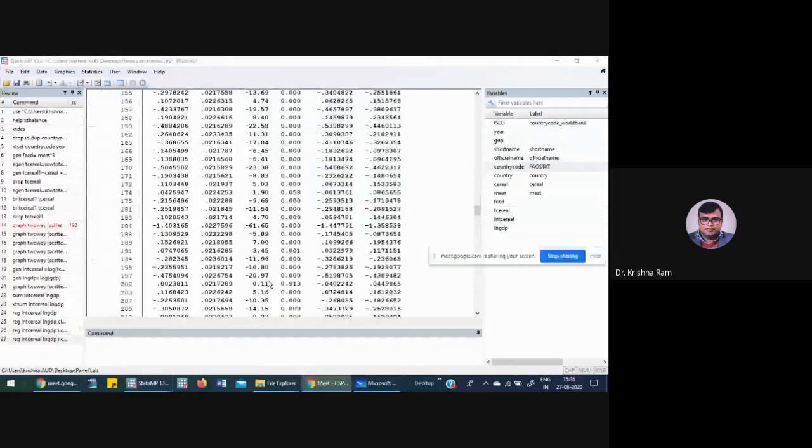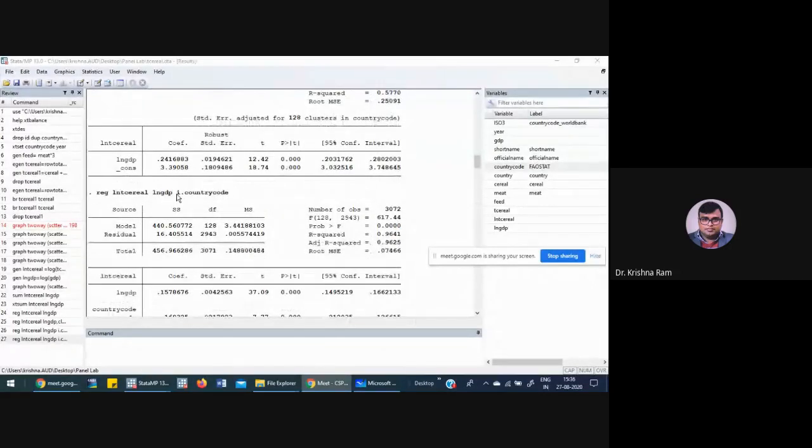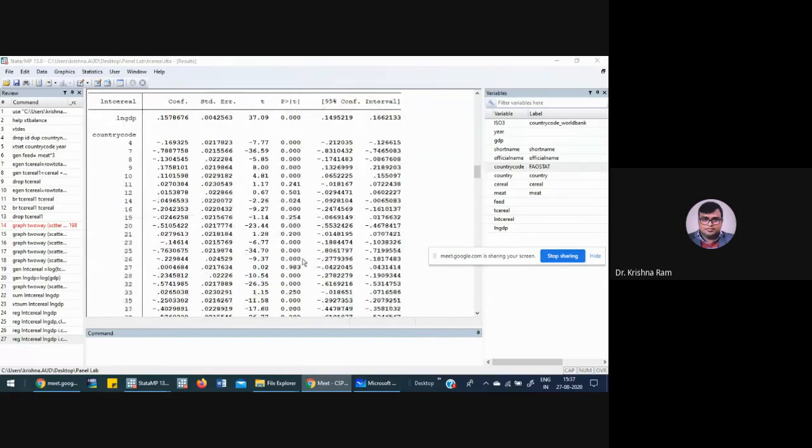So I ran two regression models here. One includes cross-sectional dummies and the other includes both cross-sectional and time dummies. If you can see on this result, earlier I used only cross-sectional dummy, like country code. In that case, we're getting R square 0.96, the coefficient value of log GDP is statistically significant, in value term it is 0.15, and almost all cross-sectional dummy coefficients are statistically significant.